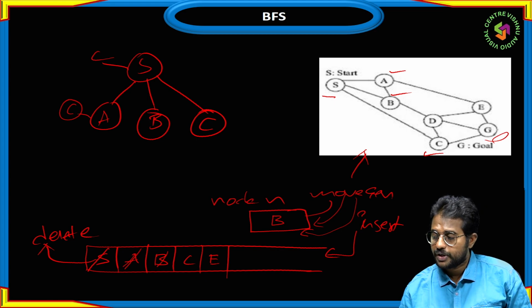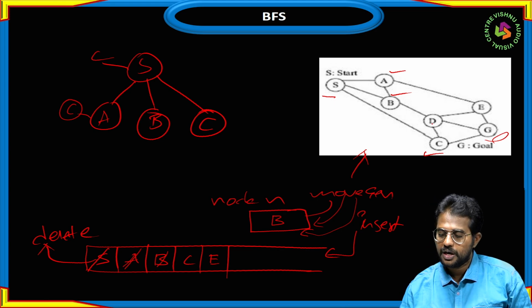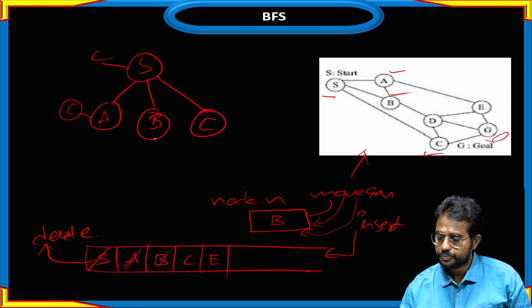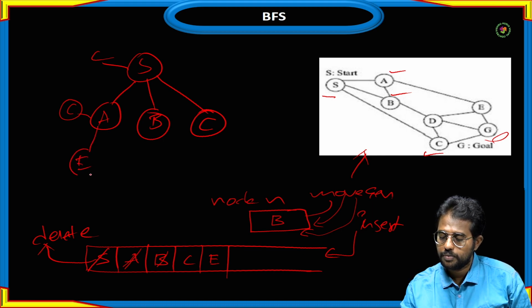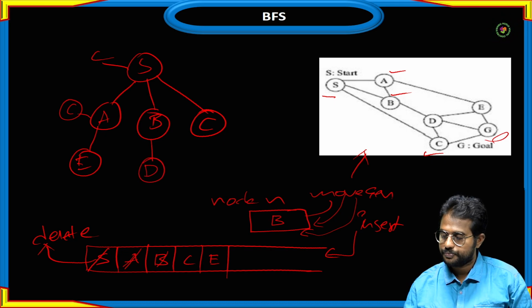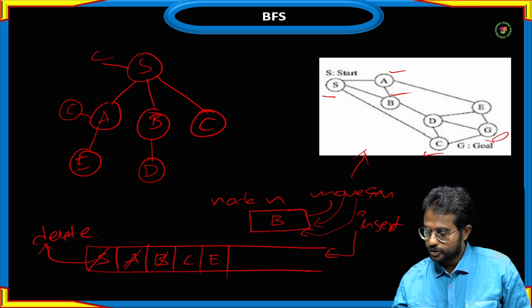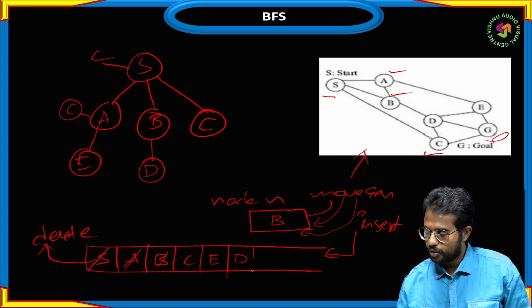So D is the newly generated node. So I am going to add D as a child of B, and this D will be added to Q.